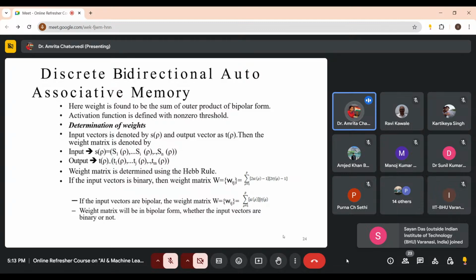So the weight matrix will be in bipolar form whether the input vectors are binary or not, right? So in case of binary data, you multiply by 2 and subtract 1. So 2s minus 1 into 2t minus 1. This you are doing so that your final weight matrix is in bipolar form only and not in binary form.